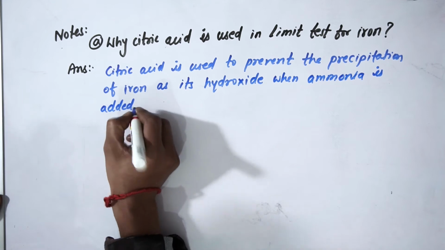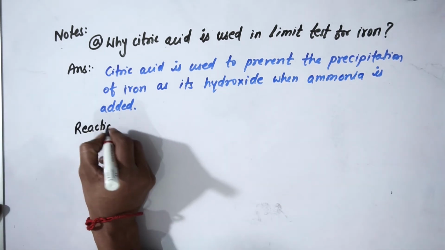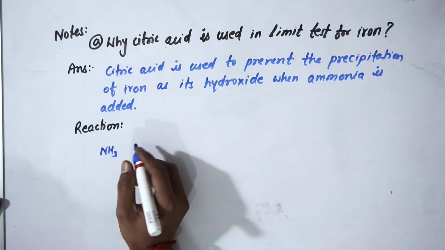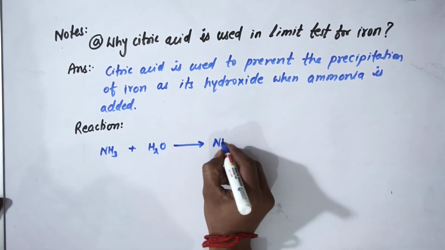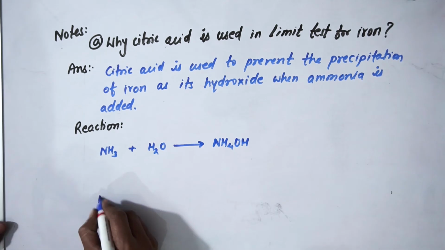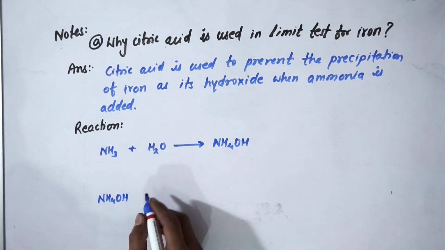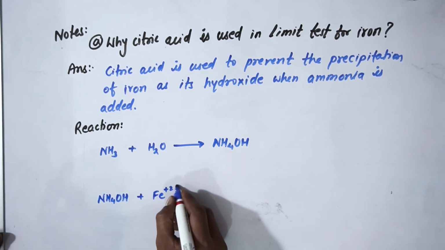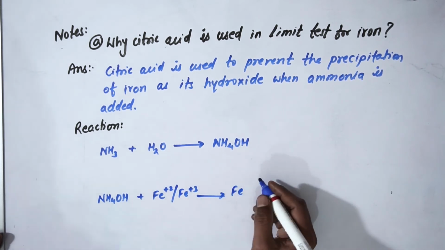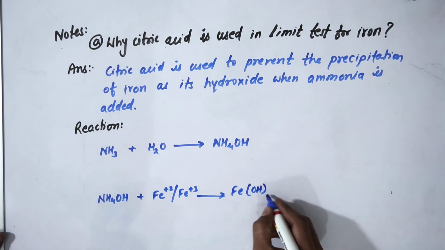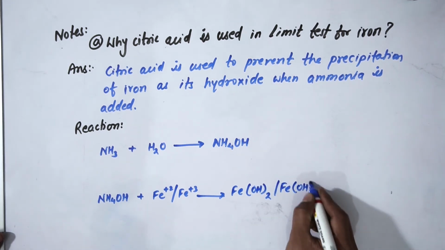How we'll write the reaction: ammonia, when it is added, will react with water to give ammonium hydroxide, NH4OH, and this ammonium hydroxide will react with ferrous or ferric to give ferrous hydroxide, Fe(OH)2, or Fe(OH)3 if it is ferric.